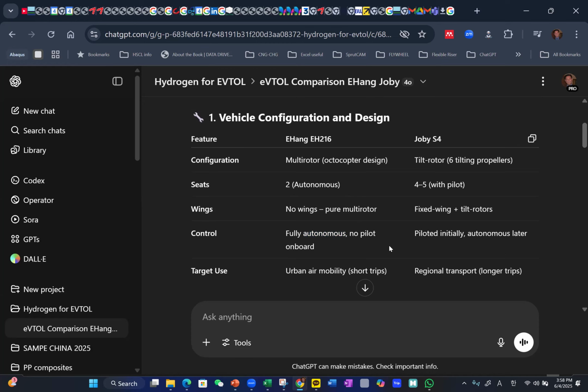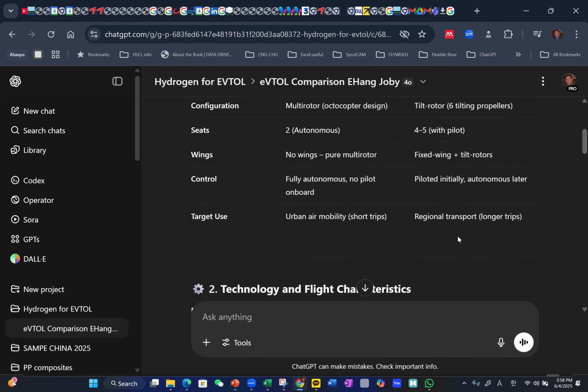This is a very important futuristic technology. But the Joby S4 is not autonomous yet. We need a pilot initially, and then it can be set to automatic flying, so autonomous later. So it is not a fully autonomous system. Target use: urban air mobility and short trips for EHang, and regional transport, longer trips, for Joby.